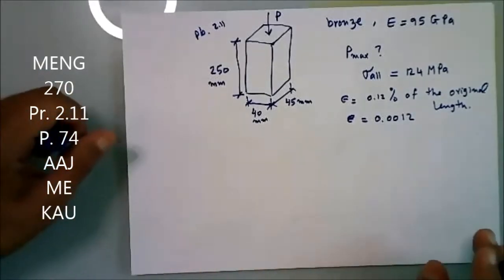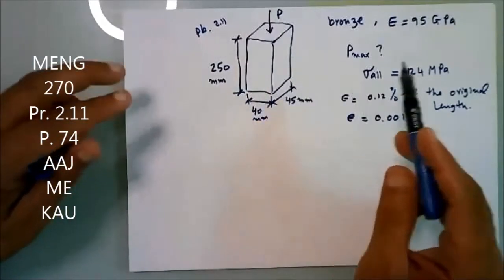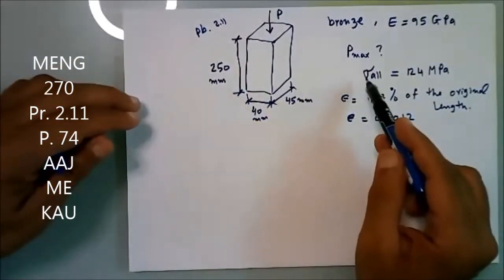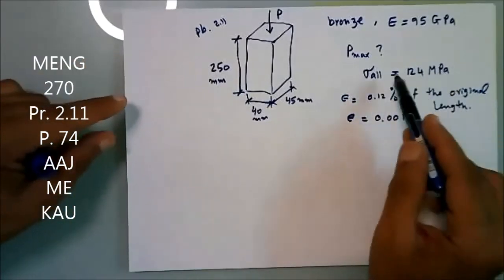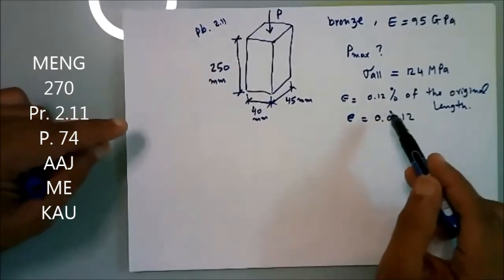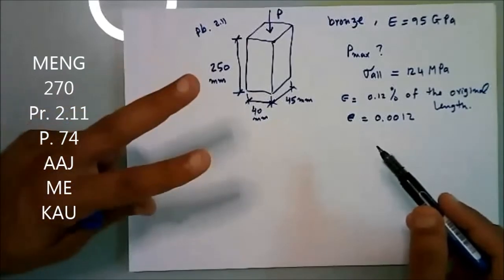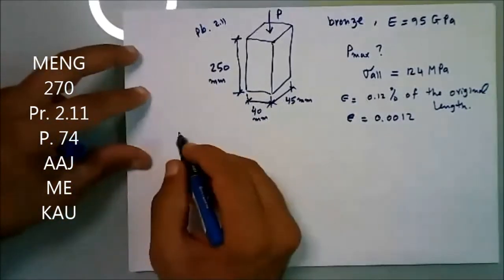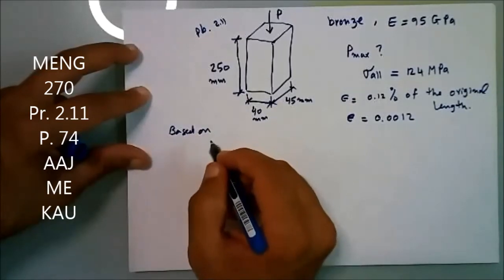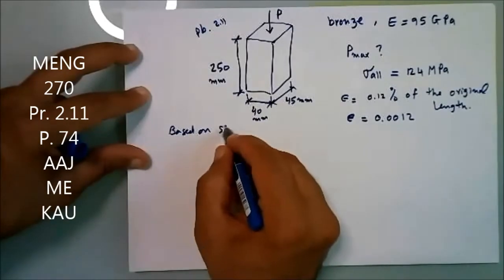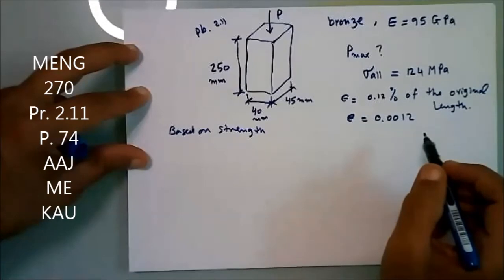Now, what is needed? What is the maximum P? Based on strength, it cannot exceed this stress, and based on deflection or deformation, it cannot exceed this. So we have two values of P. So let's start based on... Doctor, sorry, the strain is 0.12%, so should I multiply 0.0012 by 250, right?